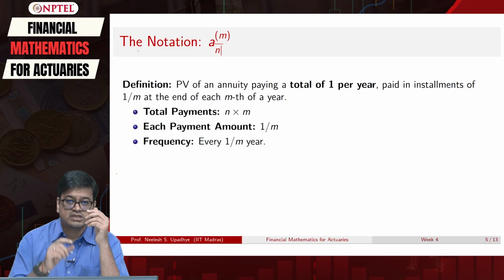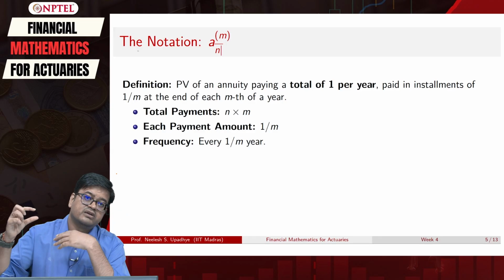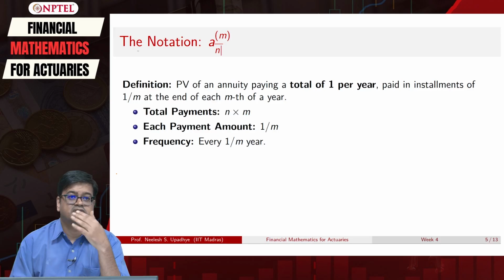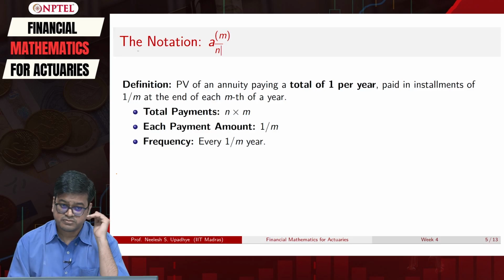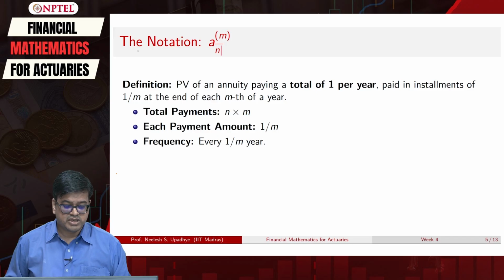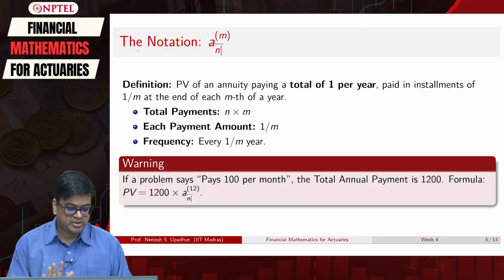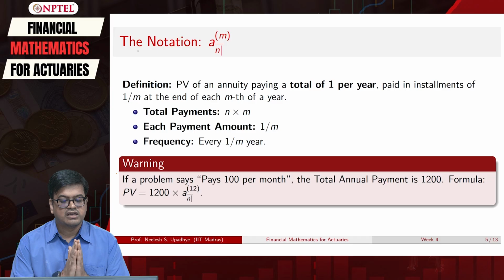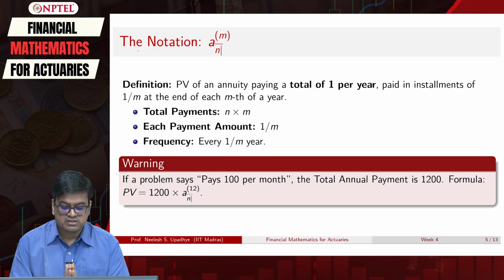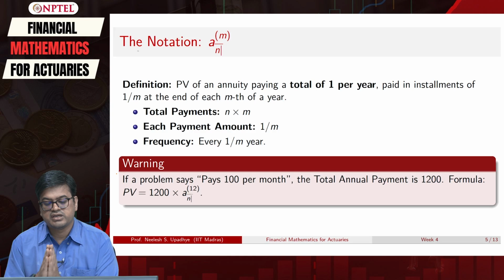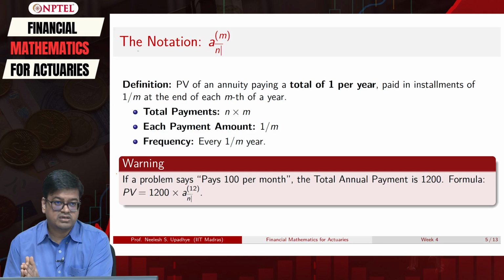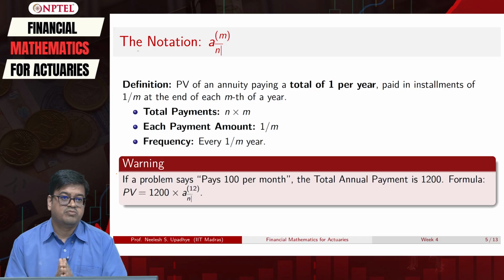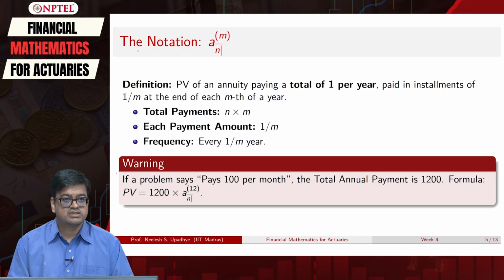What is the frequency? If I am dividing a year into m equal parts, then the frequency will be 1 by m. So what does it mean to say this? Let us take one example. If I pay $100 per month, the total annual payment is $1200, and the present value of that will be calculated using this formula.